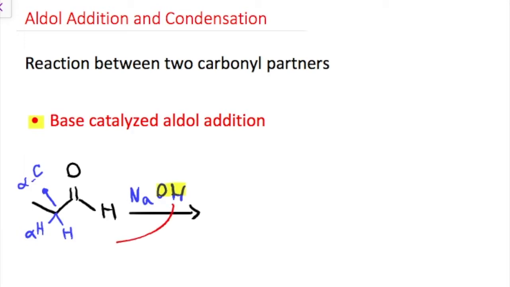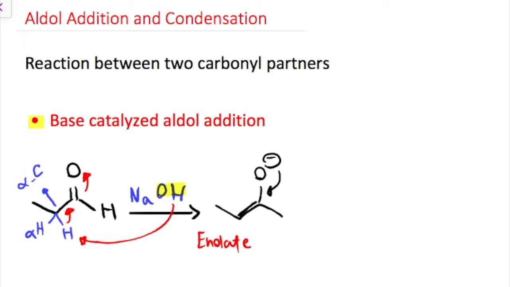So the hydroxide is going to grab that hydrogen, and we're going to get this conjugate base like this, and a double bond right here. Now this is called an enolate, and this is stabilized through resonance because I can draw another form where the negative charge is on carbon.